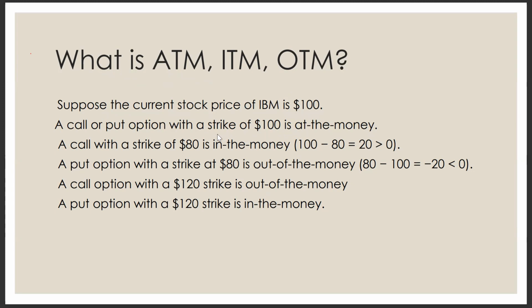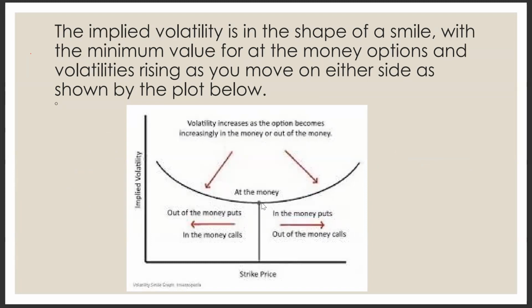Yes, and if we choose the strike 100, this 100 is the stock price S and this is the strike price K. So if it's at the money, this difference equals 0. So if the strike price equals the stock price, exactly at this point will be the minimum of this smile.